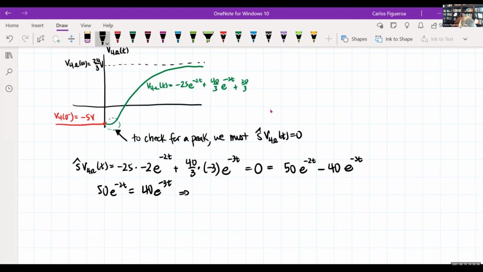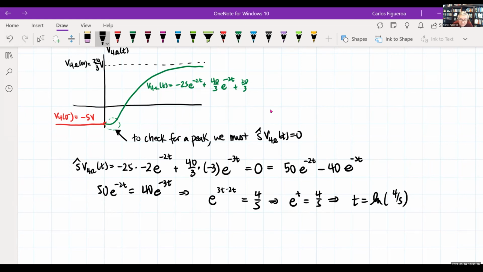So then this gives me e to the 3t minus 2t should then be 4/5. So now this is really e to the t equals 4/5, which then tells me I have to take the log of this. So then t is going to be the log of 4/5.